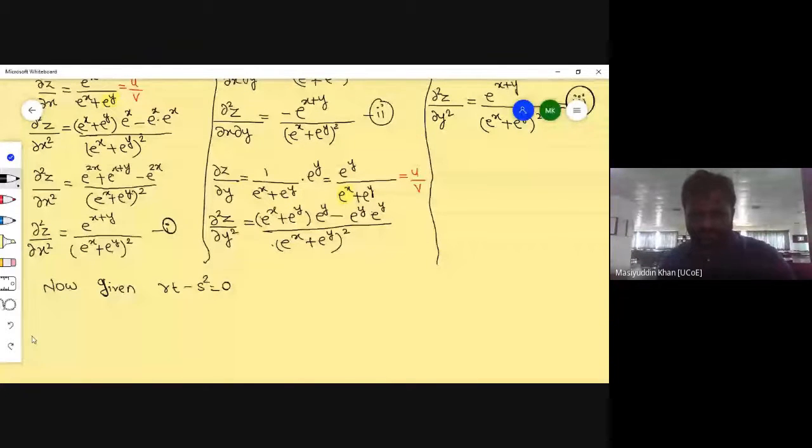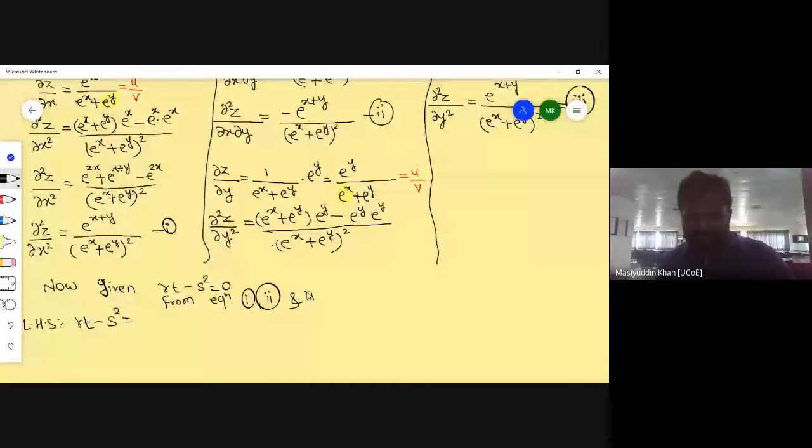So on the left hand side we are taking RT minus S square, where R is this part and T is this equation number 3. So from equations 1, 2 and 3.